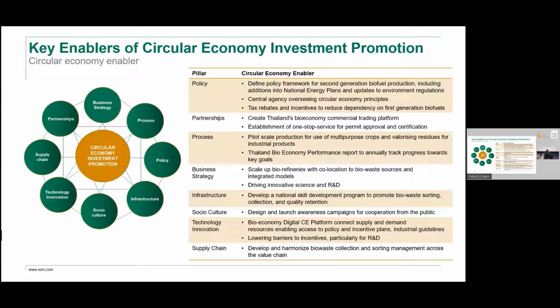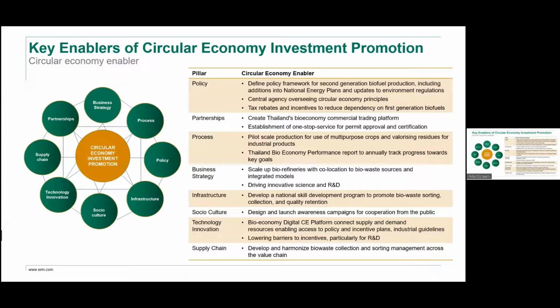And finally, coming back to the gaps or the pillars that we outlined for the success enablement, you would see here that we have summarized what would be required for each of the pillars to be successful. When it comes to policy, it is very important to define a policy framework that supports new generation biofuels. A central agency which will oversee implementation of circularity across the country and in EEC.